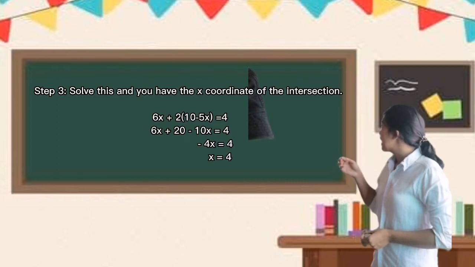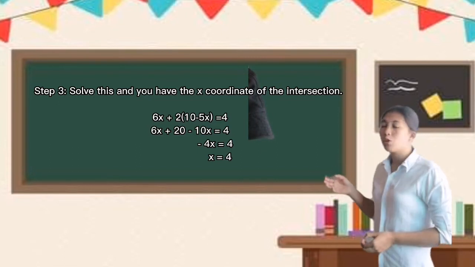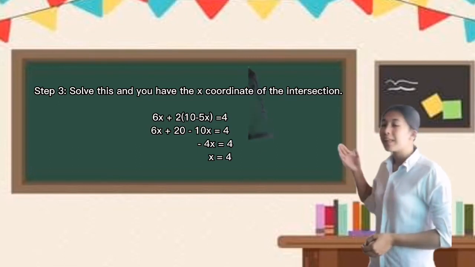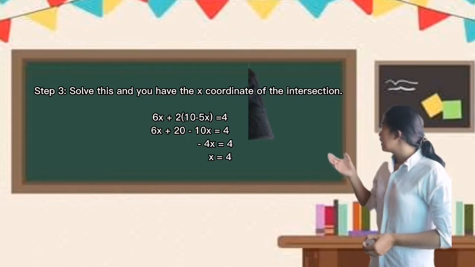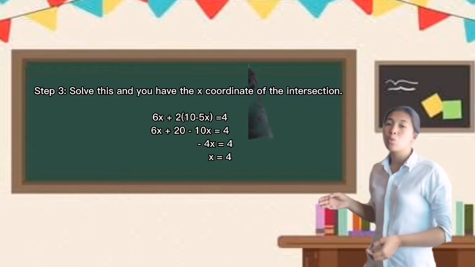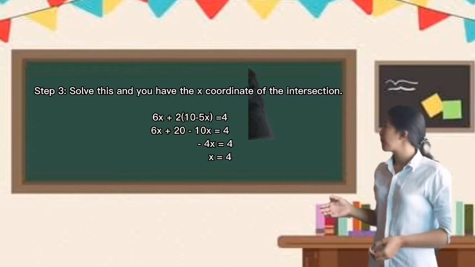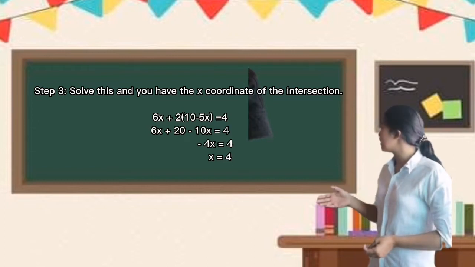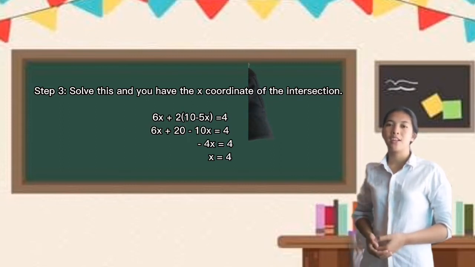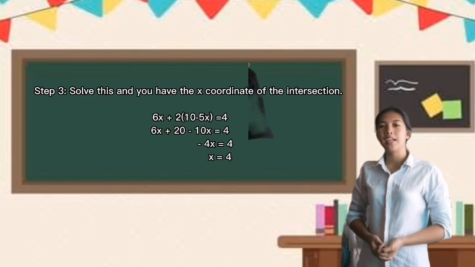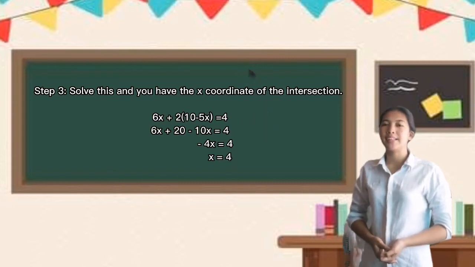Then, divide both sides by the coefficient, so therefore we have x is equal to 4. So, negative divided by negative is equal to positive. So, the solution is 4 and negative 10. So, our ordered pair is 4 and negative 10.